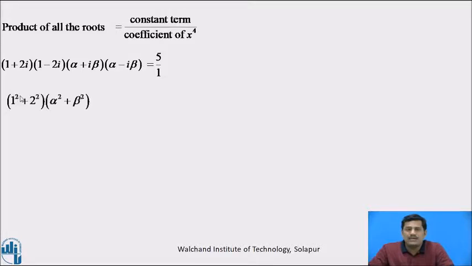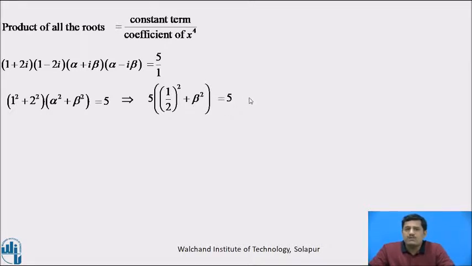So here we can write the product of the first two conjugates as 1 square plus 2 square, and here also the product of the conjugates we can write as alpha square plus beta square, that is equal to 5. 1 square is 1, 2 square is 4, so 1 plus 4 is 5, and here we know the value of alpha, which is 1 by 2. I can write 1 by 2 square plus beta square equal to 5.